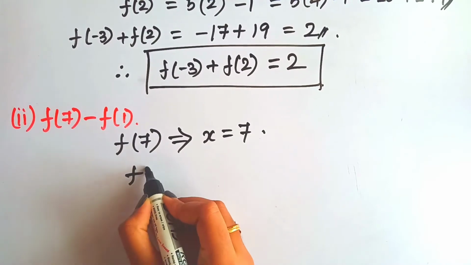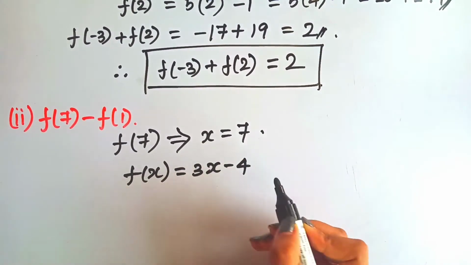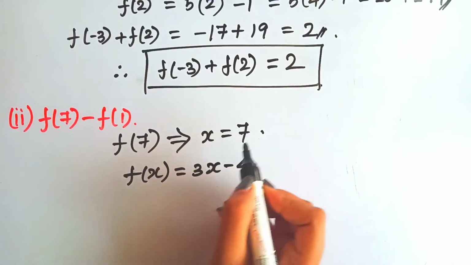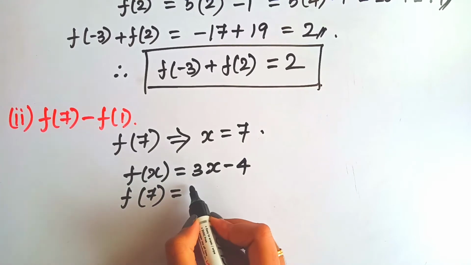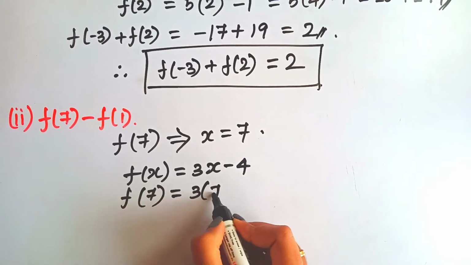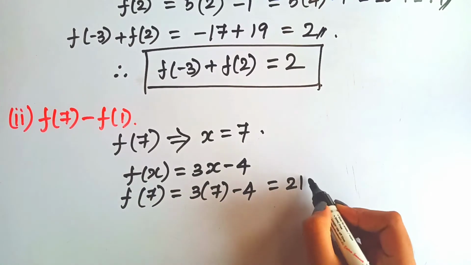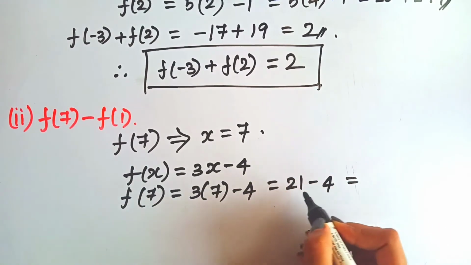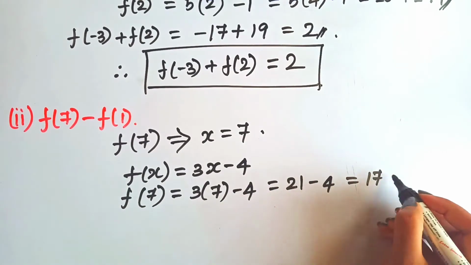So f of x is equal to 3x minus 4. Since x is equal to 7, we replace x by 7. So f of 7 is equal to 3 into 7 minus 4, which is 7 3s are 21. So 21 minus 4 will be 17.